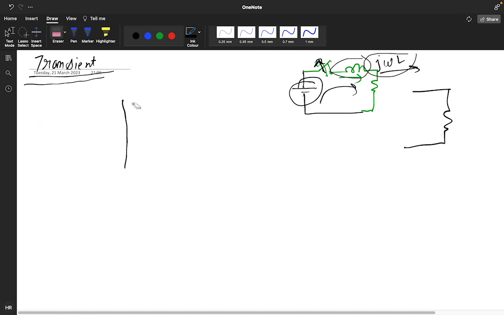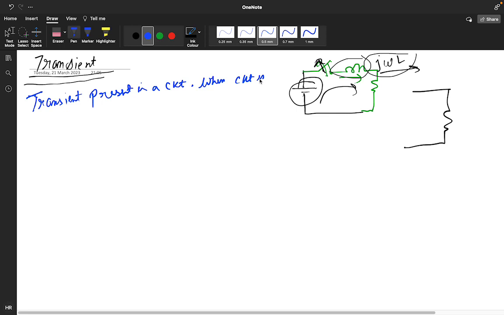Write it down. Transient is present in a circuit when the circuit is subjected to any change, either by changing the source magnitude.